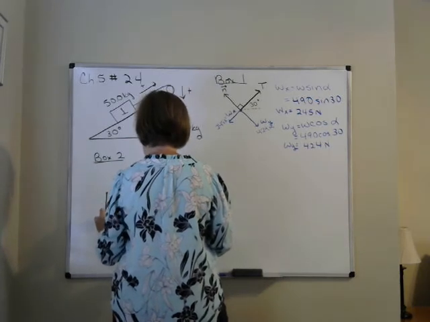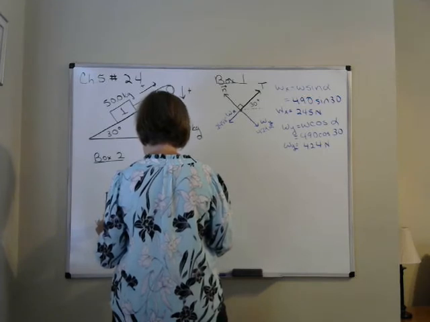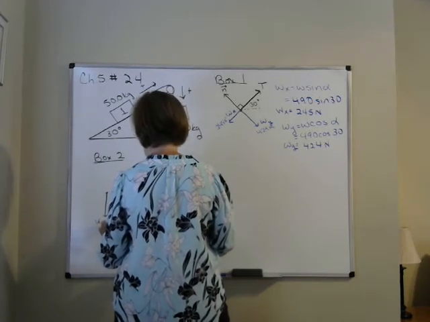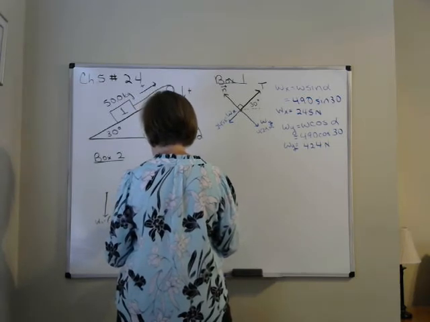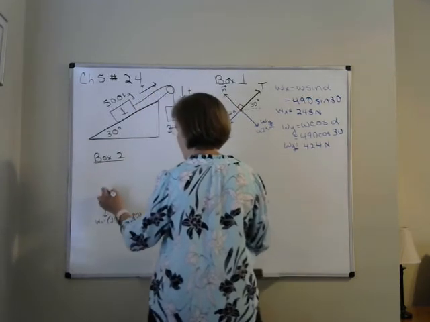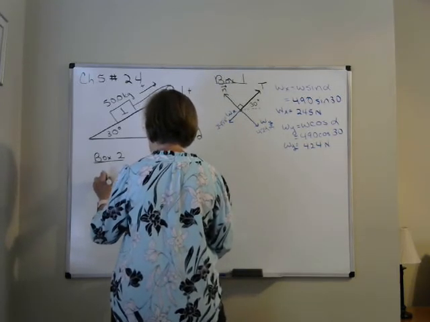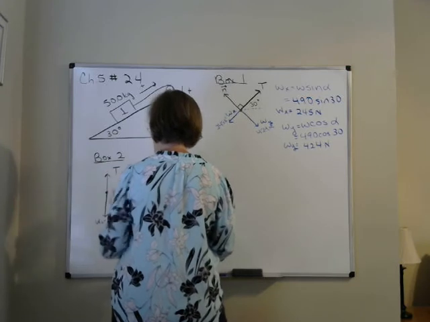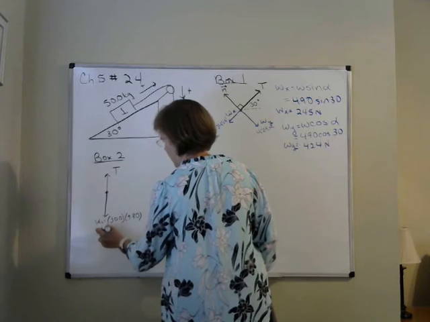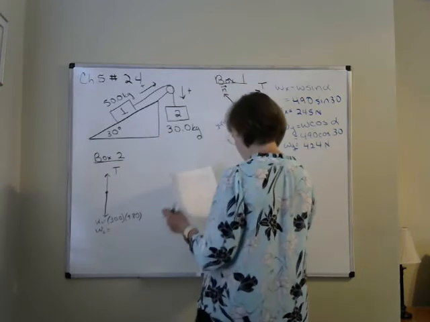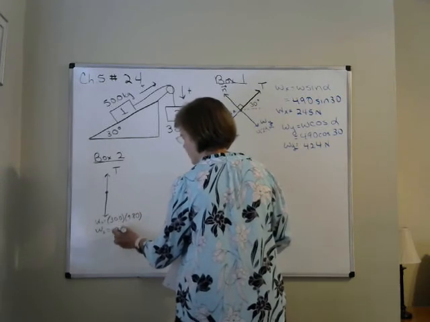It's got its weight coming down, which is going to be 30 kilograms times 9.80. That's its weight. And it's got the tension and the strain going up. Okay, so 30 times 9.80, put that in a calculator, it comes out to be 294 newtons.